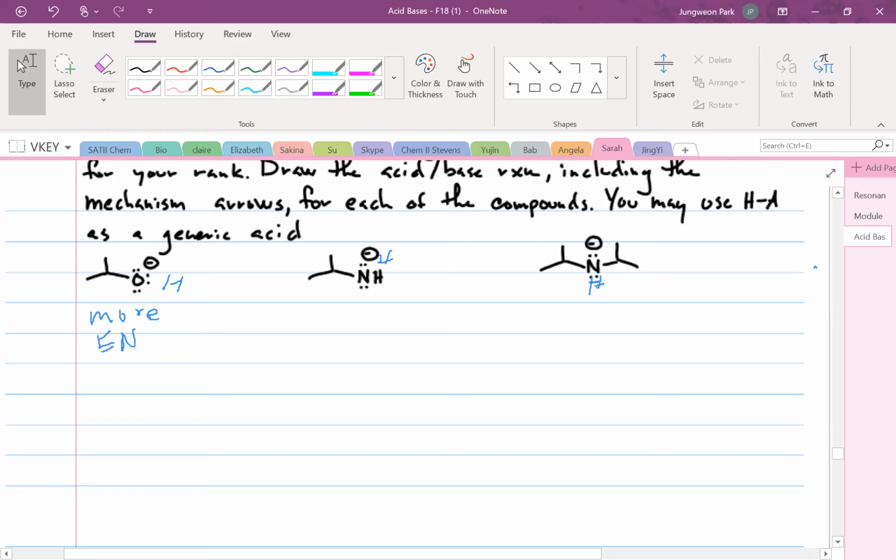Okay, that's where I get confused because of the acid and base differences. So don't think of bases yet. Just do them as if they're all acids. So if this was an acid, this would be the strongest acid.